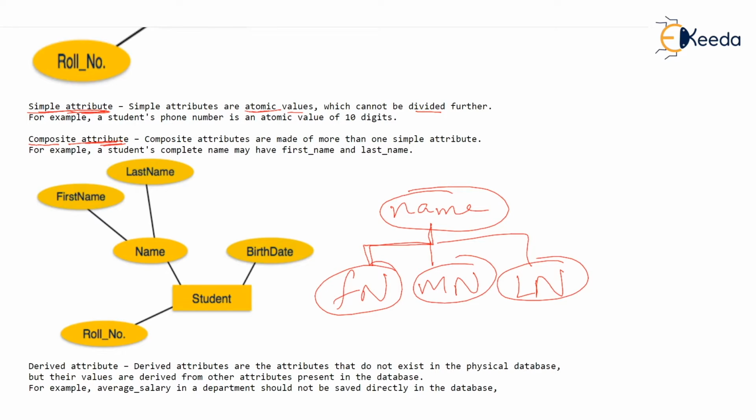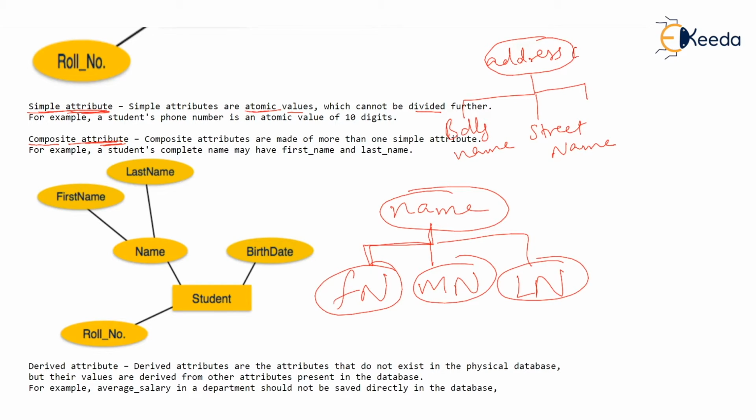As another example, address. Address is attribute of student, agreed. But address itself is comprised of building name, street name, and so on. So you can actually think of address is composite.